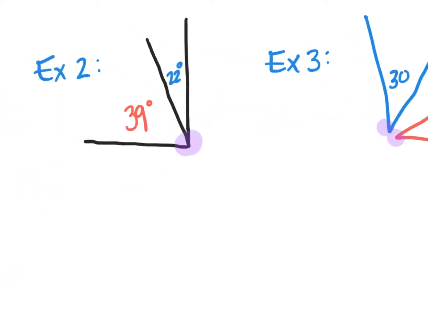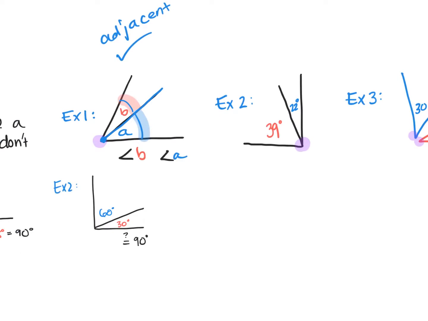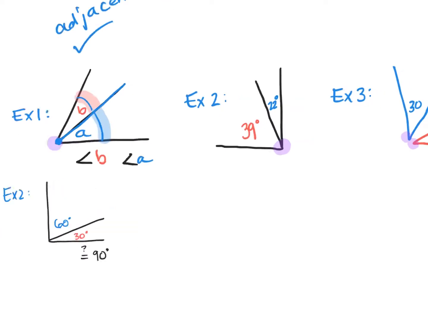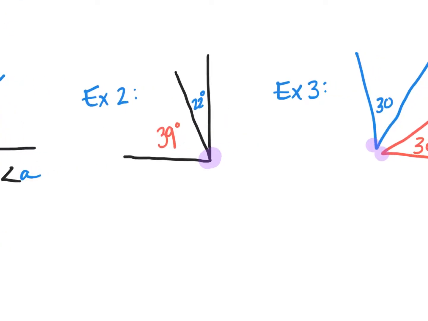Example 2. If you notice here, I use a variable: this was just angle B, and that was just angle A. Now over here, I'm using angle measures. This is an acute angle, 39 degrees. Here's a smaller angle, 22 degrees. So you would say the measure of angle 39 and angle 22 are adjacent angles.